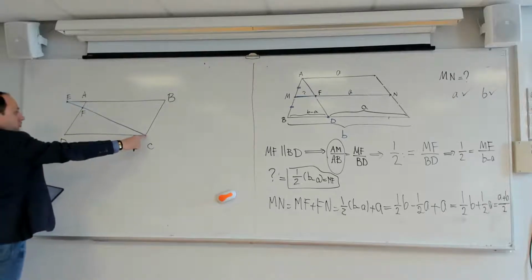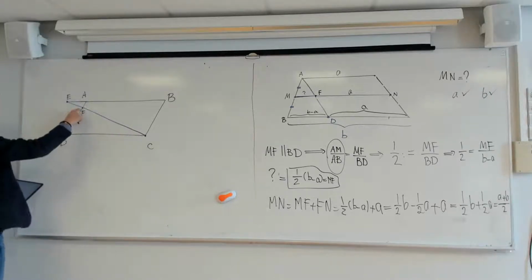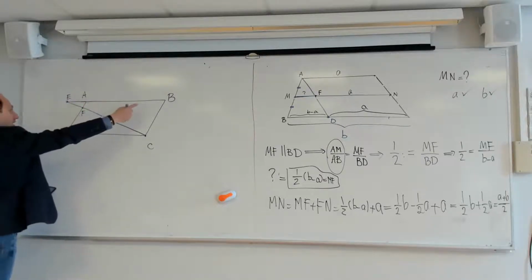I just chose this vertex, for example, and I drew a line so that this line intersects AD at some point, I call it F, and then it continues.